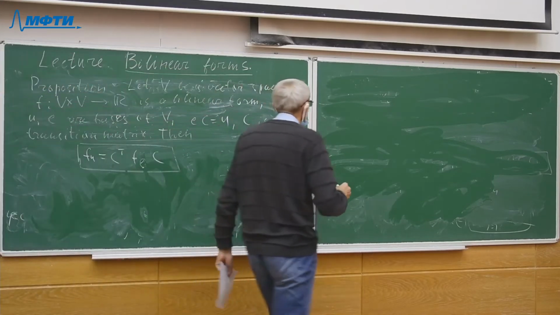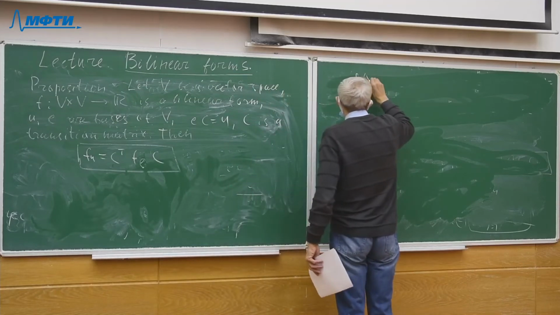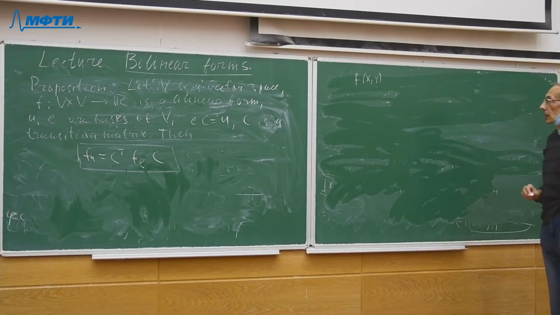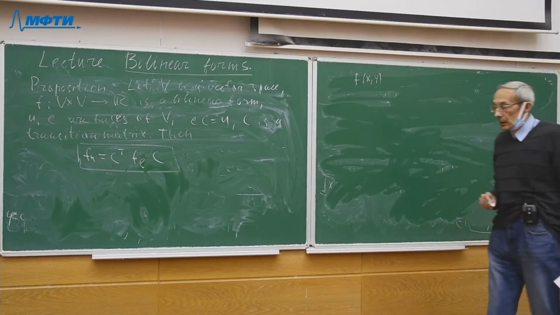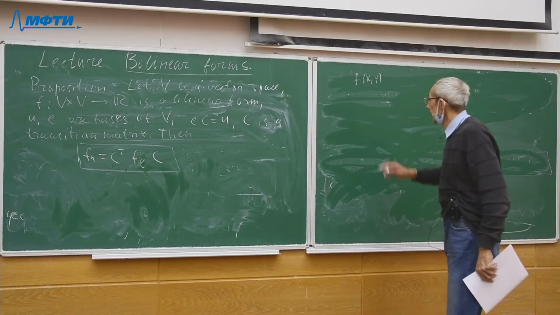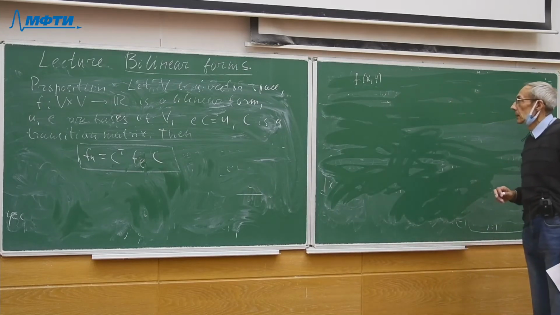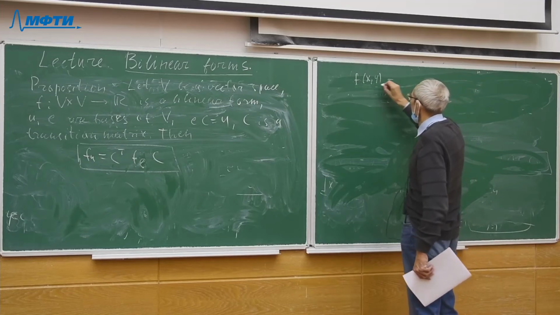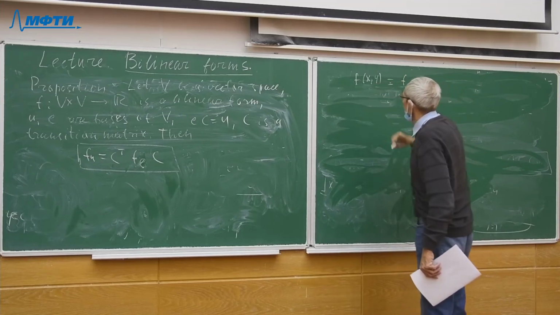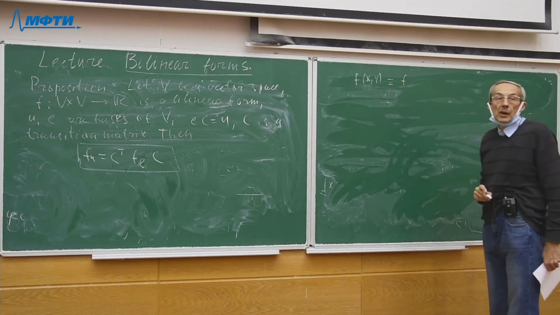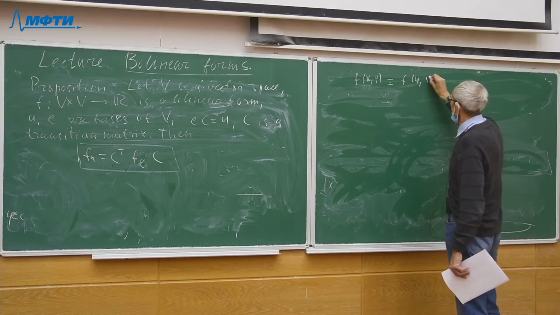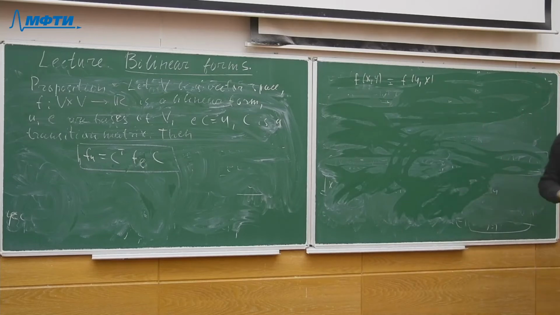If you have some bilinear form F, we will suppose that this bilinear form is symmetric. What does symmetric mean? If I change the order of the arguments, I obtain the same result when I apply this bilinear form.